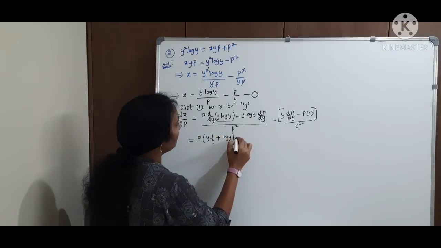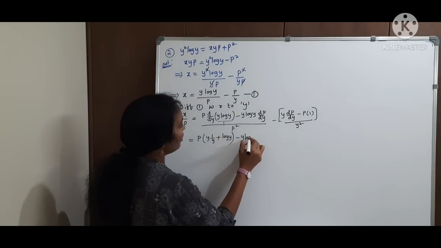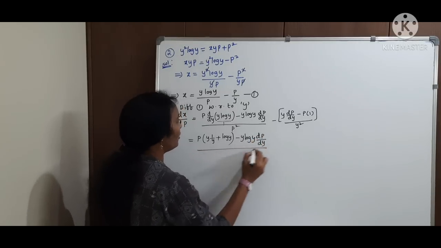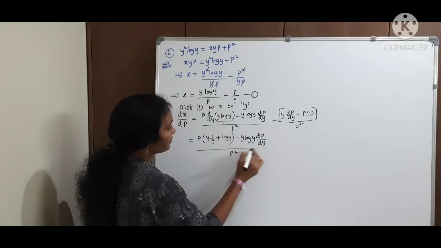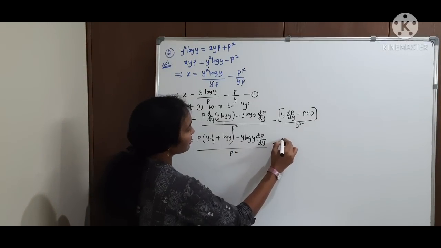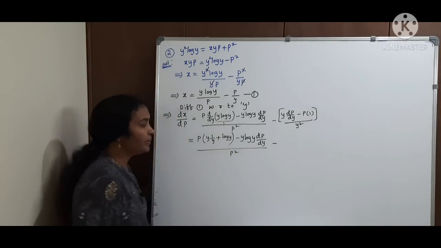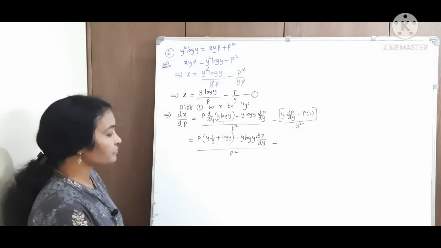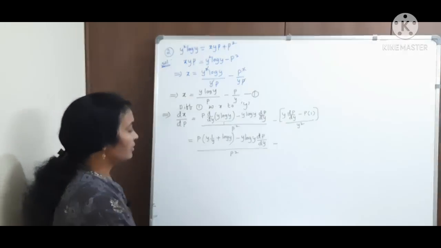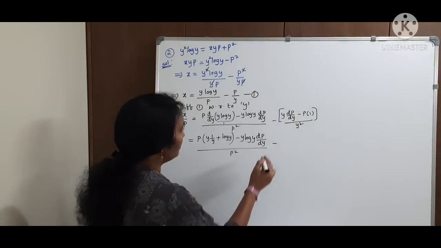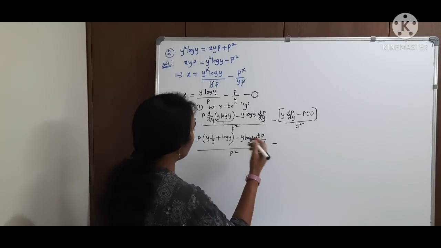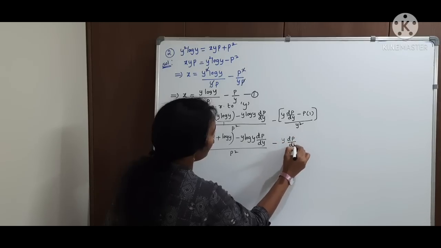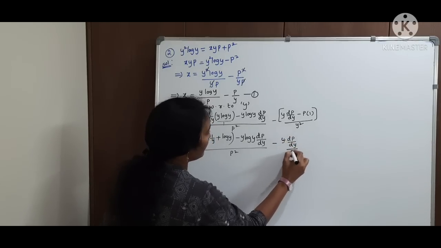Okay, minus y log y dp by dy upon p square minus, it is better to separate the fractions here. After separating the fractions, the next step I write y into dp by dy divided by y square.